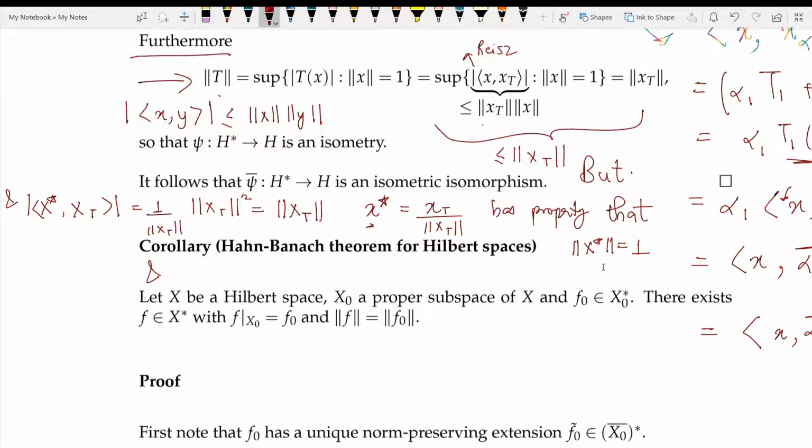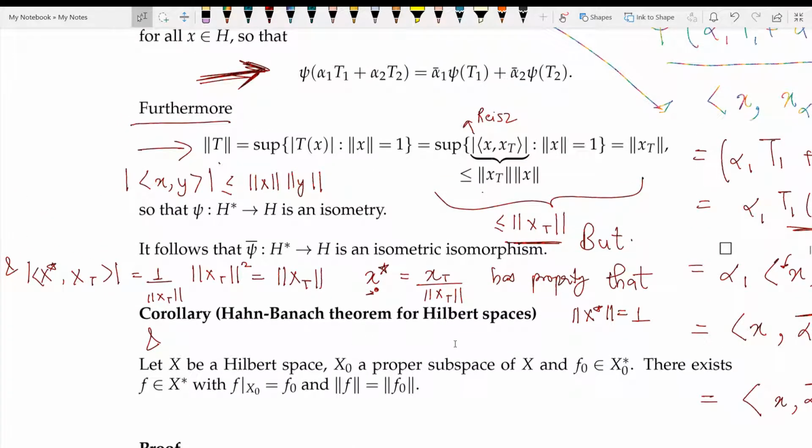Now let's trace the steps again. So I came to the conclusion from this step that the sup norm of this thing has to be less than norm of xt. But for this value of x star, it is exactly equal to norm of xt. So again I saw that the supremum of this is less than or equal to norm of xt, but for a special x, the supremum is exactly equal to norm of xt. So the supremum is norm of xt.